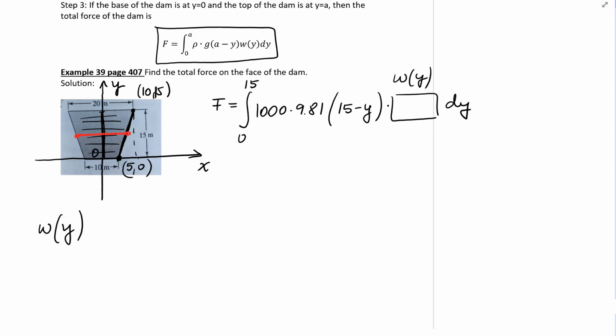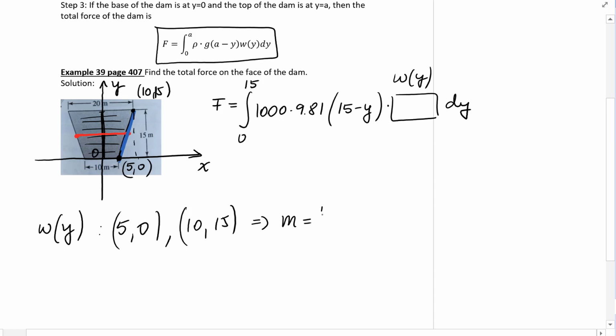Well, the right slanted edge of the dam is a segment of the line that passes through the points 5, 0 and 10, 15. So we can find the equation of the line by finding the slope.